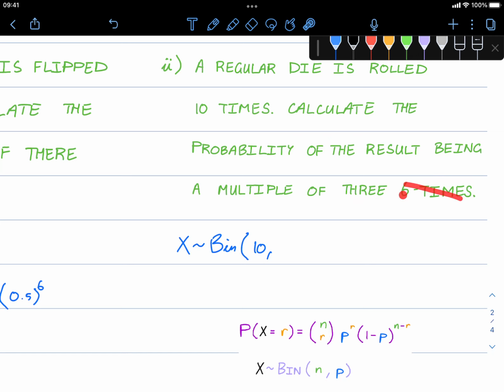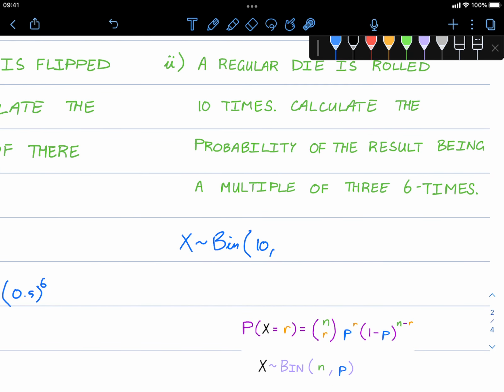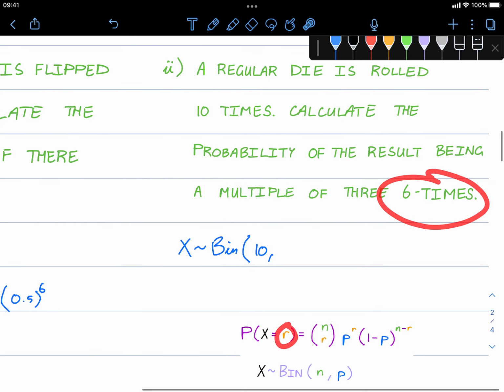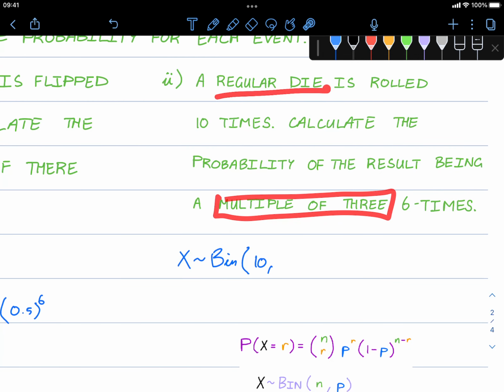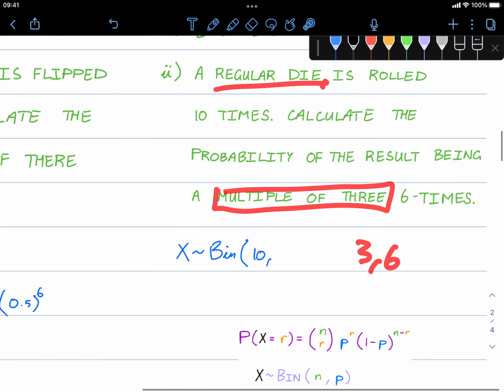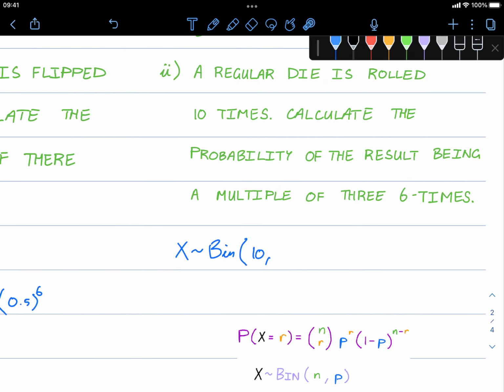So 6 times is actually not needed for this portion yet. 6 times is the number of successes, but the probability of success is multiples of 3 on a regular die. The only numbers I can think of are 3 and 6. So the probability of success for 3 or 6 on a die is 2 out of 6, which I'm going to simplify as 1/3. So that is our binomial distribution.